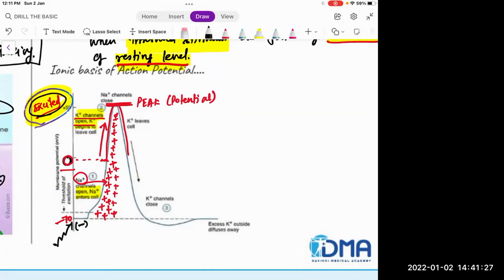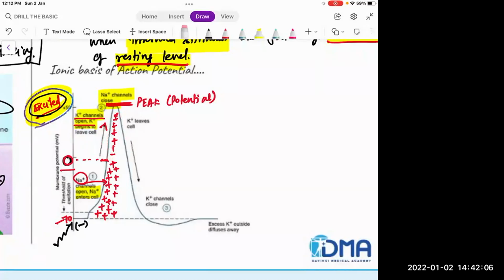We don't want over excitation of the cell. So what happens now? The threshold stimulus has done its job. It has made the cell get excited, but it will not allow over excitation. So what happens next, immediately, is the sodium channels will close. Once the sodium channel is closed, the entry of positive ions inside will be interrupted.